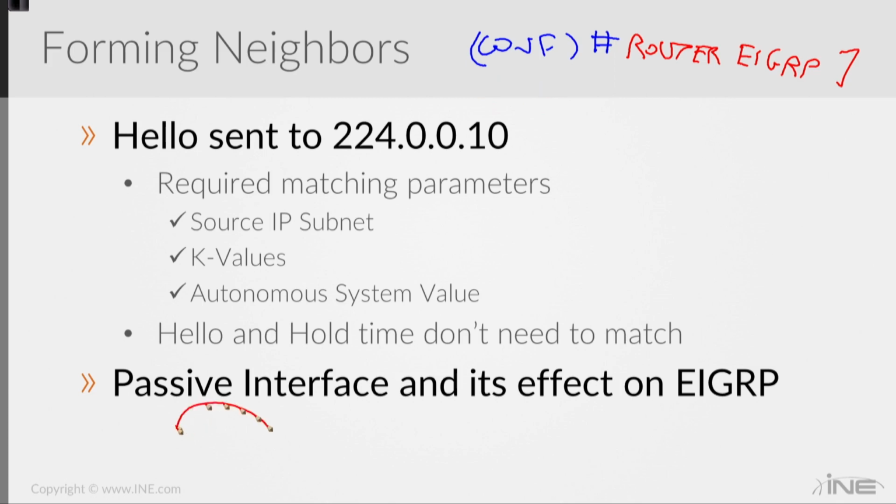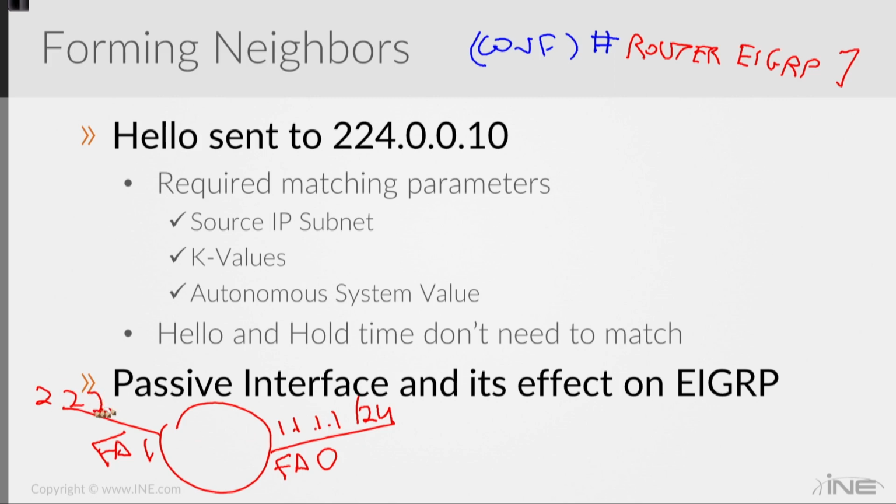So let's say here's my router down here. This is FastEthernet 0. This is FastEthernet 1. And this has 1.1.1.1/24. That's my IP address. And this is 2.2.2.2/24. Okay, well, I want EIGRP to be activated on these two interfaces, and I want to advertise to neighbors those directly connected networks.